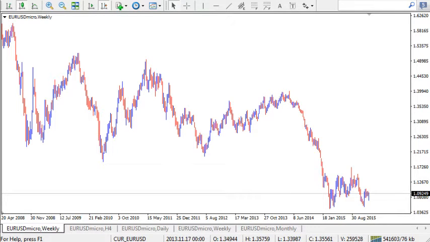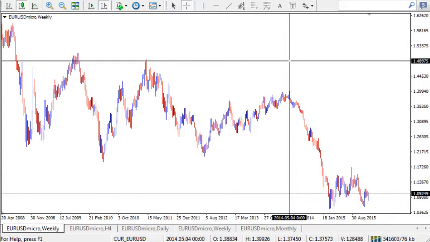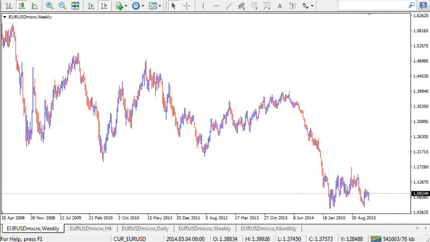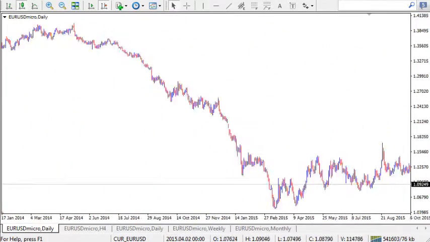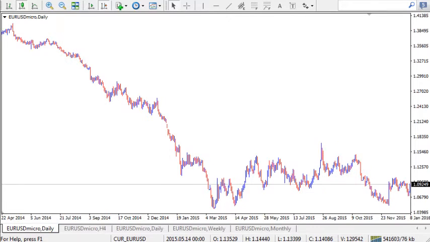However, we can see here, for example, for the euro, that since the beginning of mid 2014, a big downtrend has started. As we move lower to the daily chart, we can see this downtrend better.